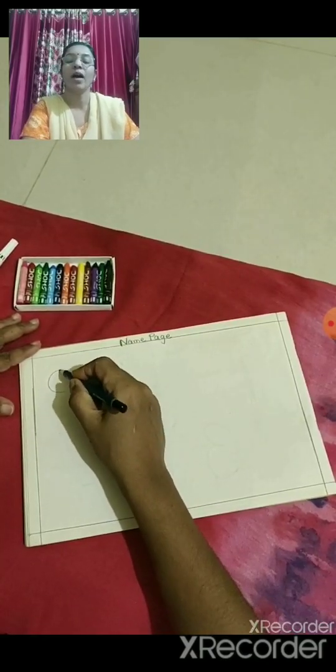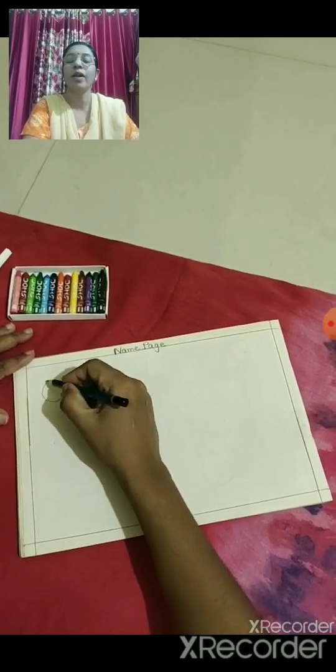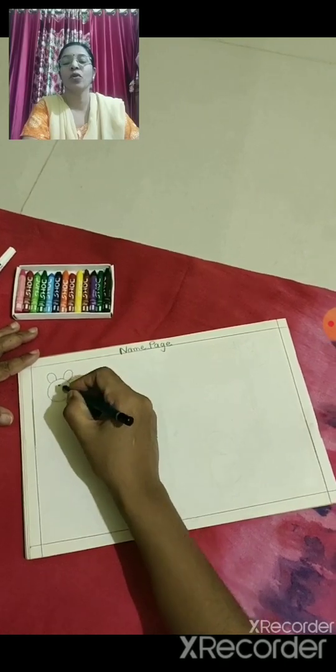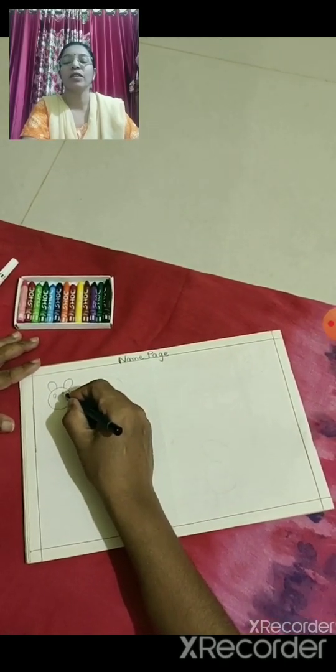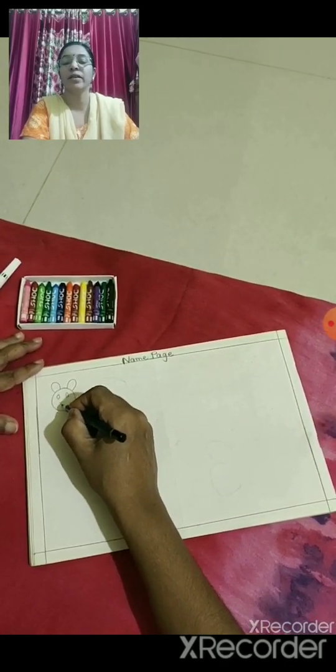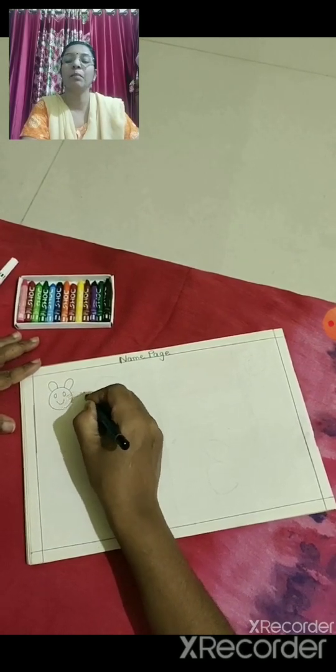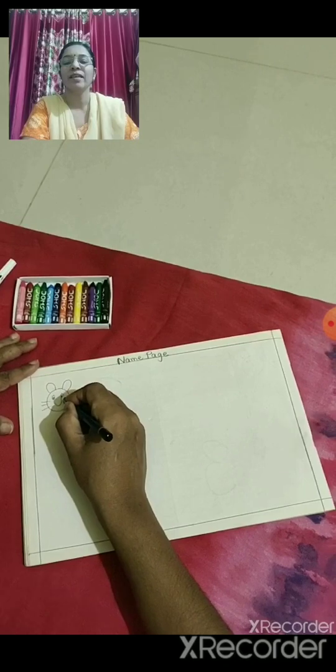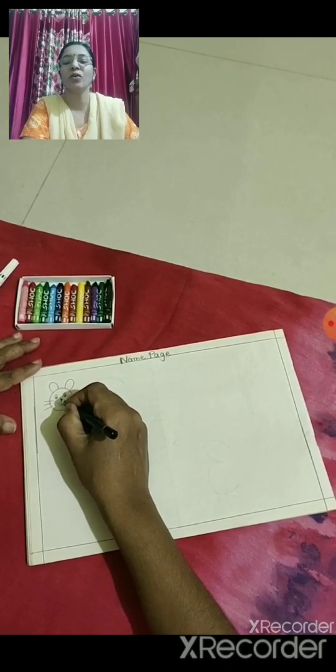Okay. Now I am going to show you one more name page. Okay. See what I am going to draw. Here also first I had drawn the border line, then I had written the topic, name page. What is this? Yes, bunny rabbit I had drawn.